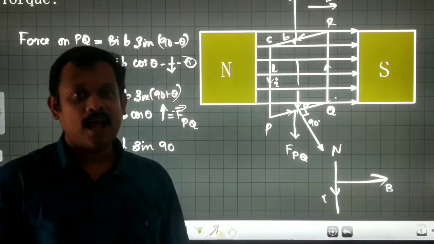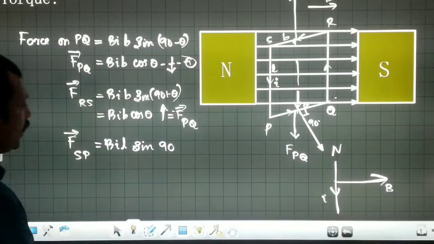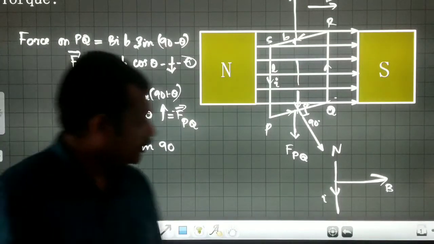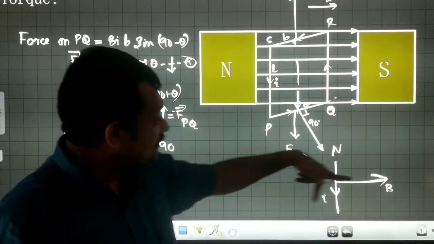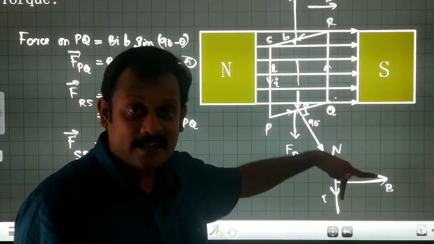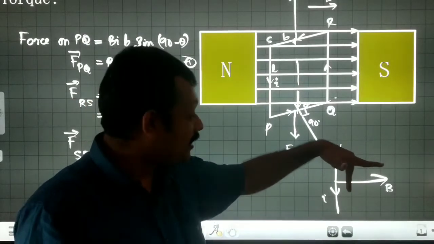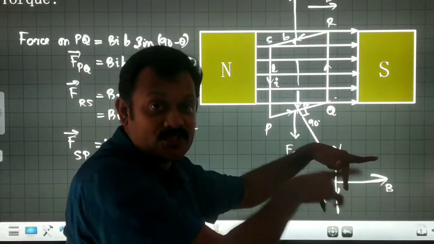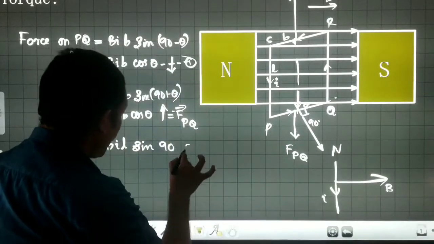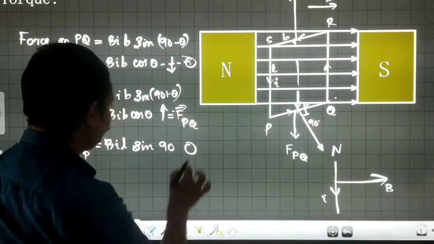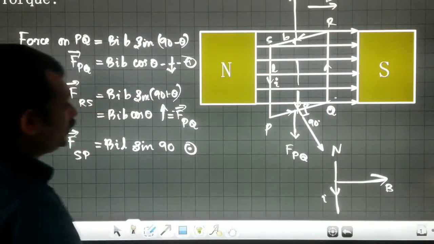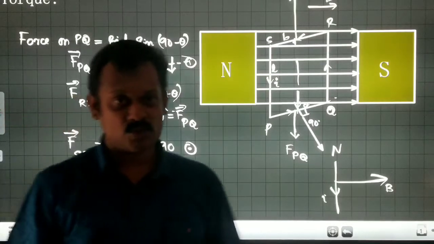So BIL sine 90. And what is the direction of this force? Now you can easily find out. This is the direction of the magnetic field, this is the direction of IL. So you can see that the direction of the magnetic force is outwards. This force is acting outwards.